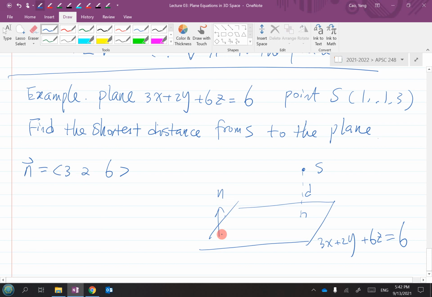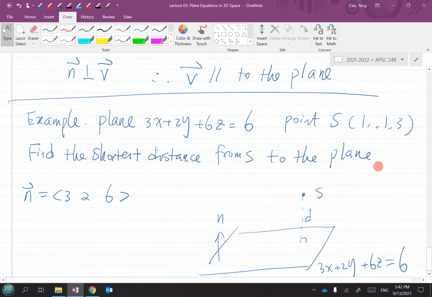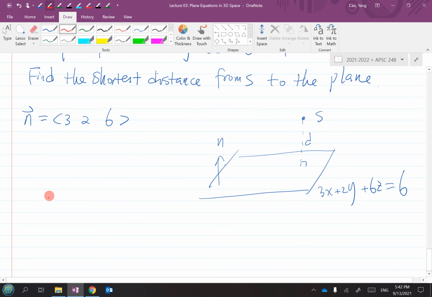Now, of course, you might want to argue, can I write down a different normal vector to the plane? Yes, you can. To give you an example, let's say the plane equation has coefficients 2, 4, 6.